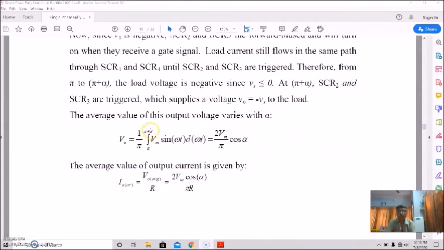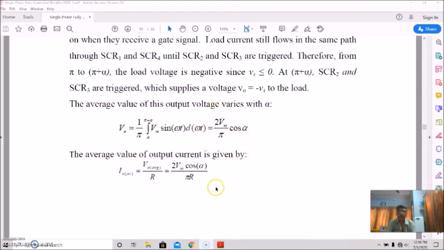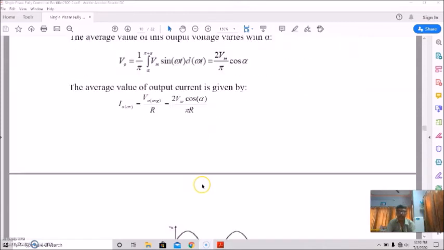So the average value of this output voltage varies with alpha, and this will be given by 1 by pi integration alpha to pi plus alpha Vm sin omega t d omega t. And that comes to this result, 2 Vm by pi cos alpha. And the average value of the output current will be divided by R, so 2 Vm cos alpha by pi R.